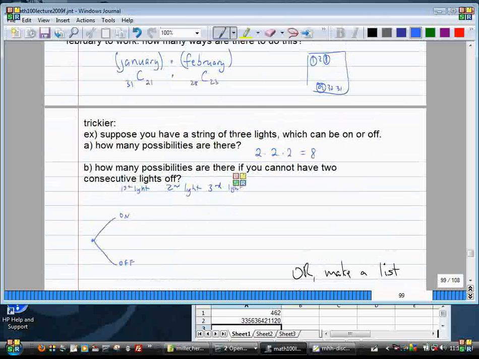Now, what are the possibilities for the second light? It depends. If the first light is on, what can the second light be? It can be on and it can be off. Now if the first light is off, what can the second light be?